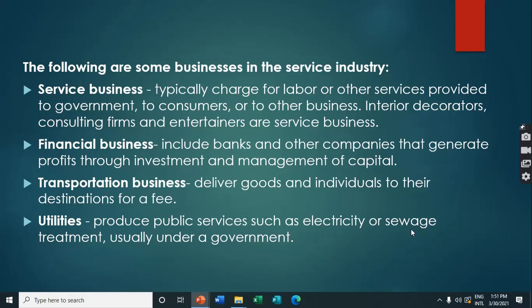Also under transportation are our buses, jeeps, and multicabs. Those are providing a service in exchange for payment. Those are the examples of the service industry.